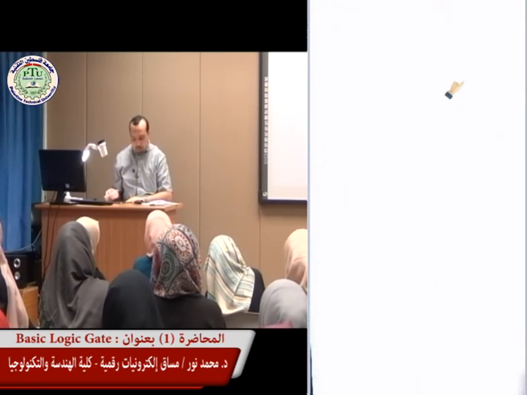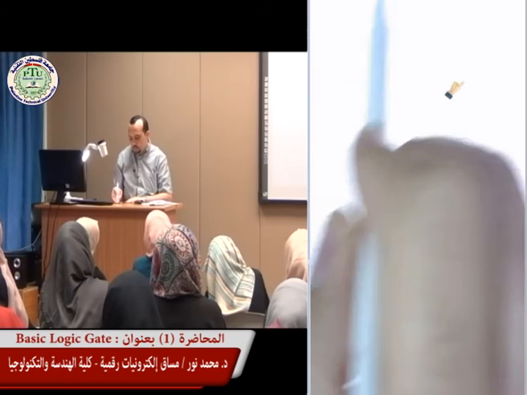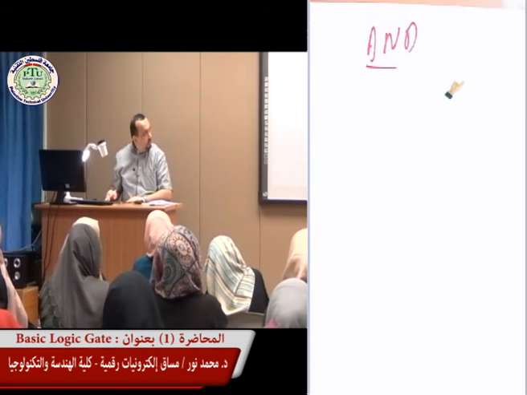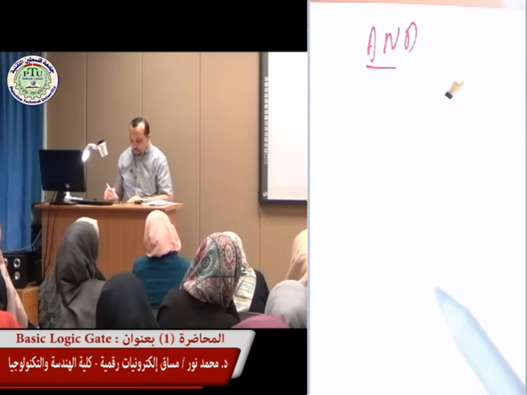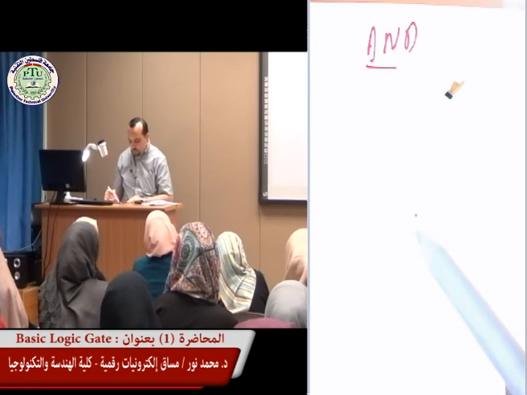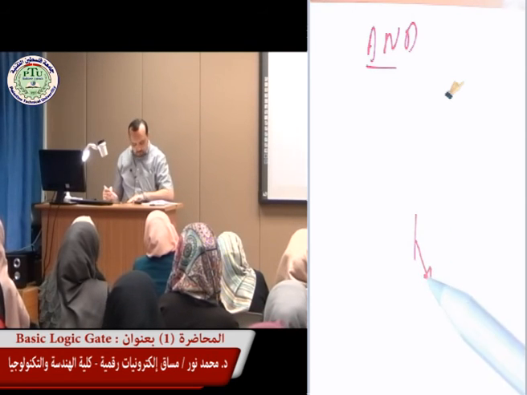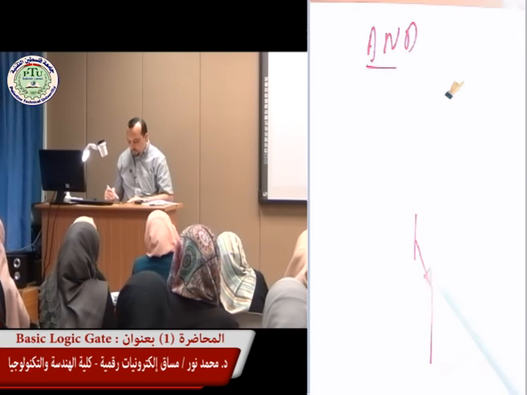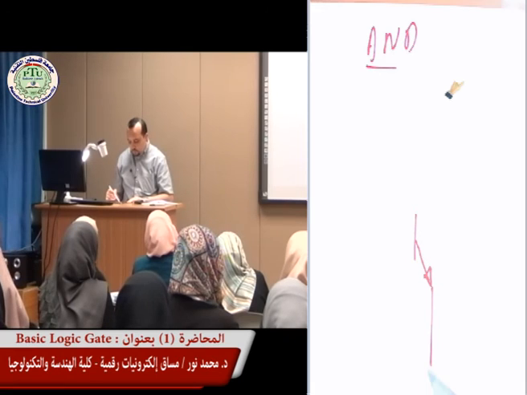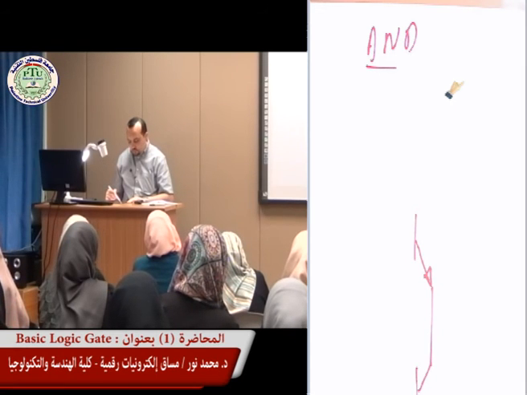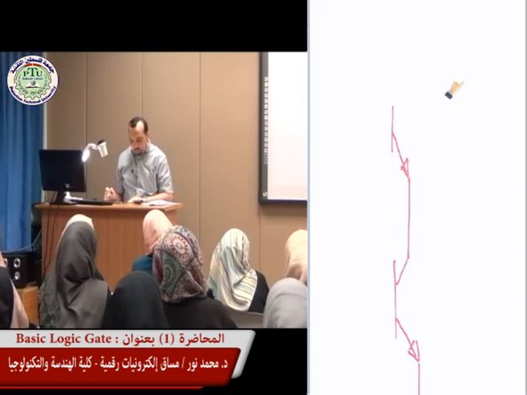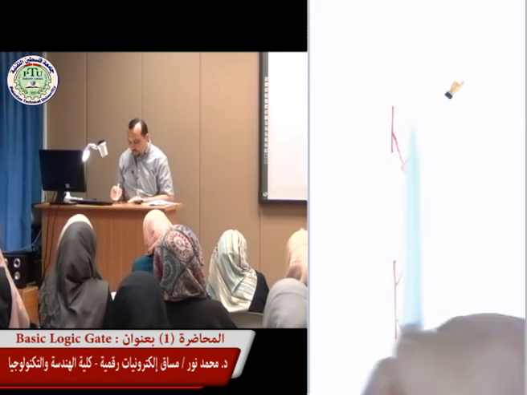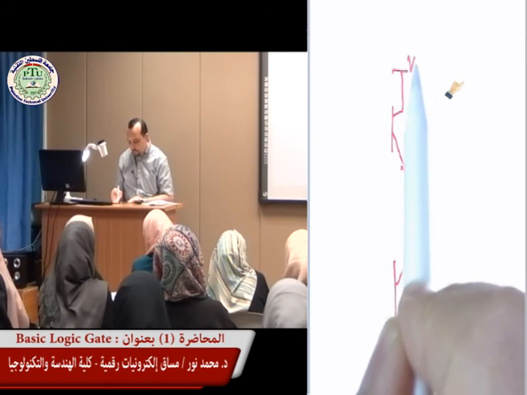فالاند هي عبارة عن 2 BJT connected in this fashion. We have one transistor, okay, is connected with this transistor, okay, and we have here VCC.